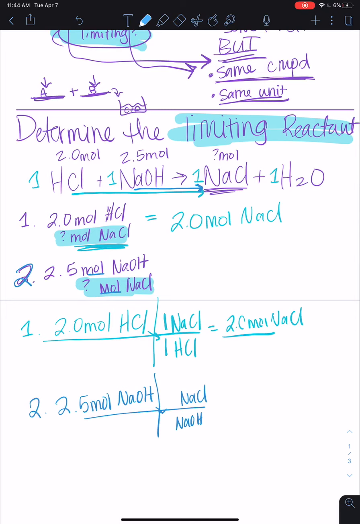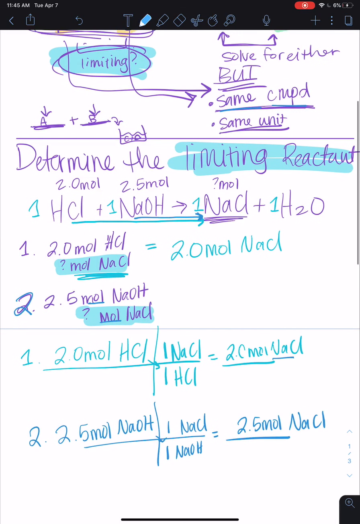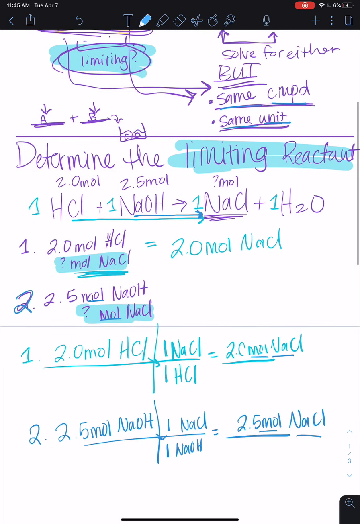With coefficients of 1 and 1, this gives me 2.5 moles of NaCl. You notice I solved for the same compound, NaCl, and the same unit, moles. So number 2 gives me 2.5 moles of NaCl.